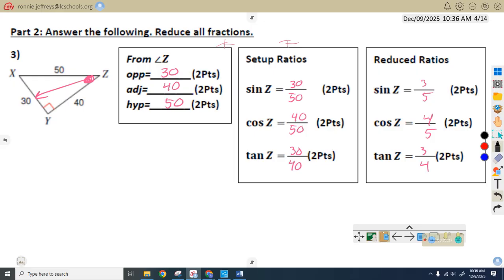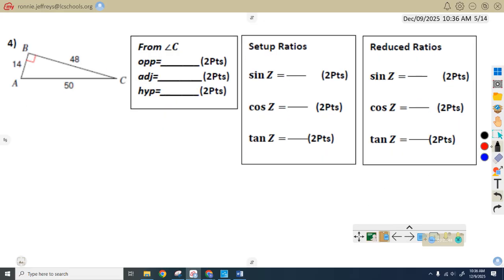All right. Exactly. All right. Any questions about number 3? Kind of straightforward. All right.